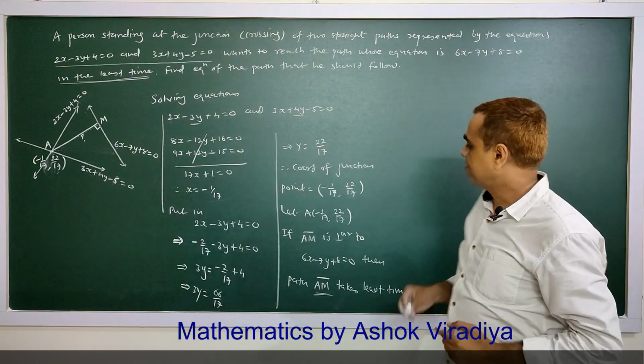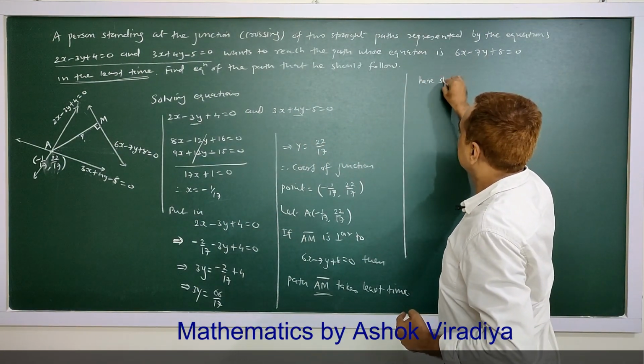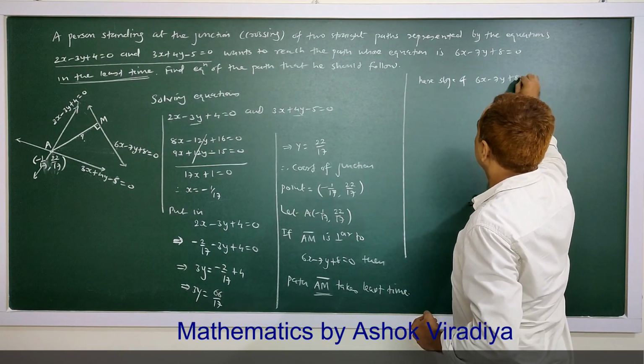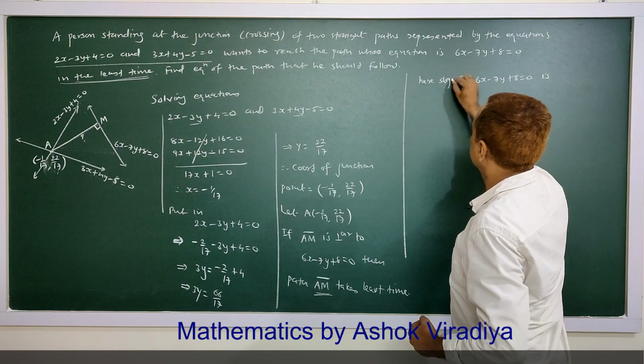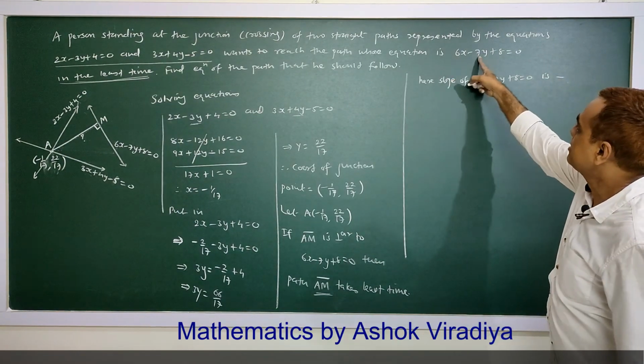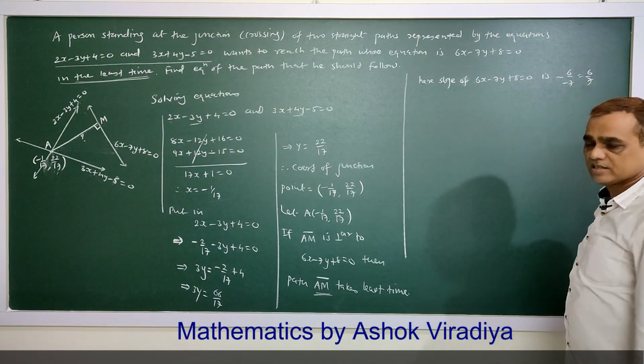So slope of 6x minus 7y plus 8 equal to 0 is minus A by B, 6 by 7.